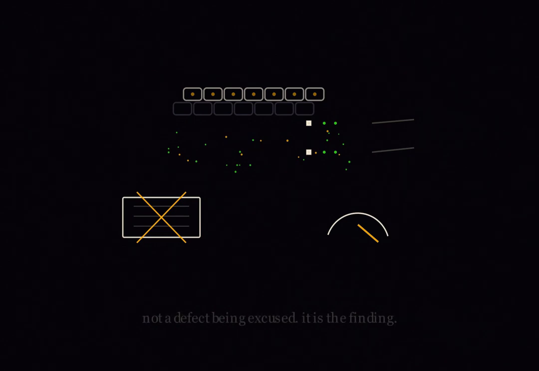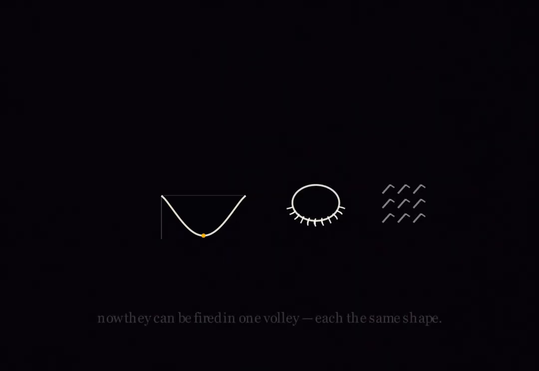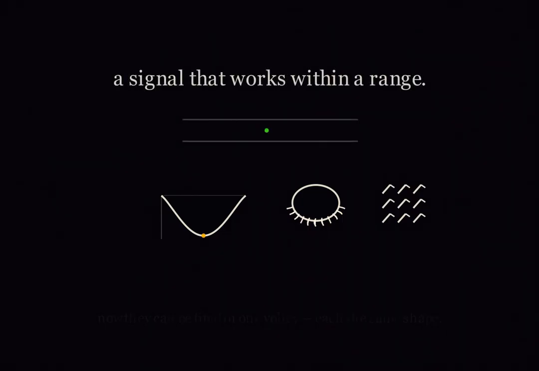This is not a defect being excused. It is the finding, and it rests on evidence that has been accumulating, chapter by chapter, throughout this account. Three landmarks are already standing, and now they can be fired in one volley, because each of them, seen again, is the same shape, a signal that works within a range.